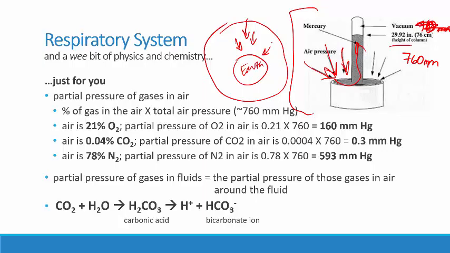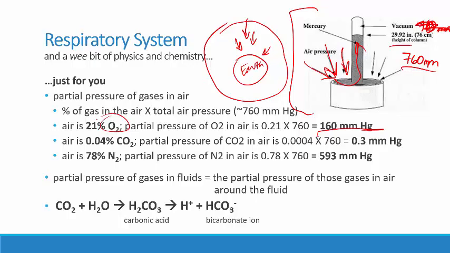For instance, 21% of the atmosphere around the Earth is made up of oxygen, and so the portion of air pressure that is attributable to oxygen is 160 millimeters mercury. That's the percentage of that 760 millimeters mercury that is produced by oxygen in the air.